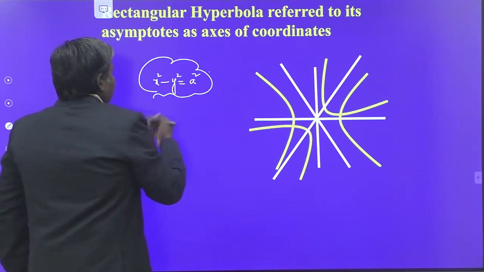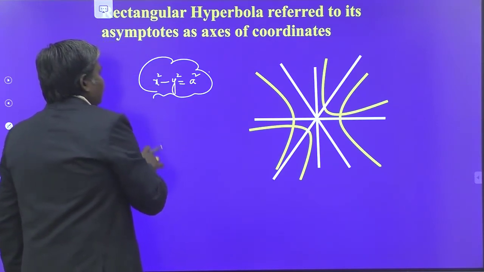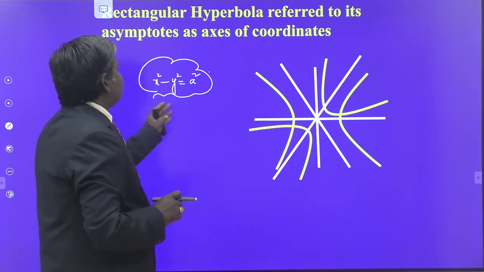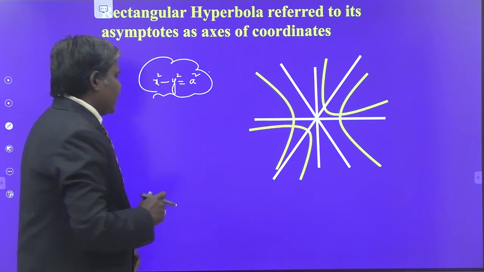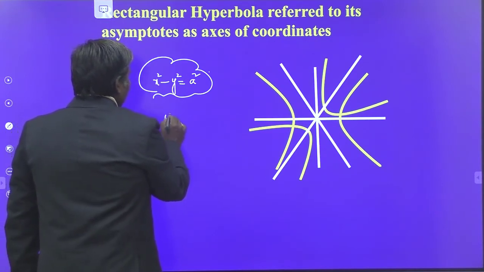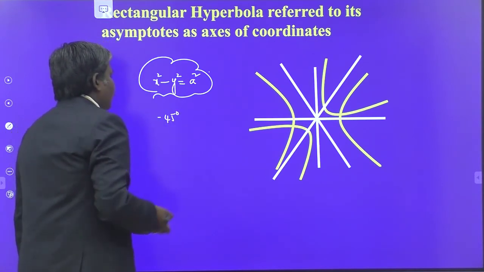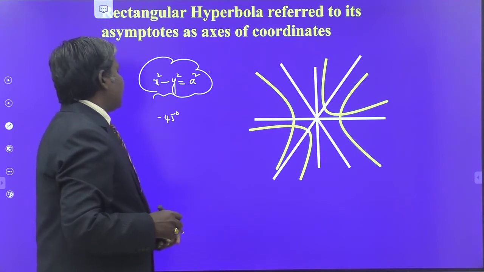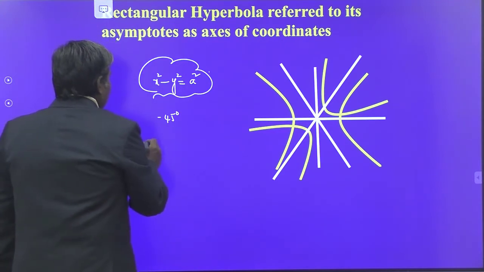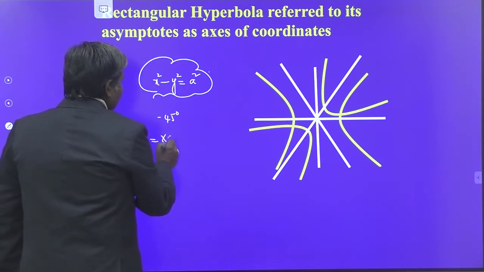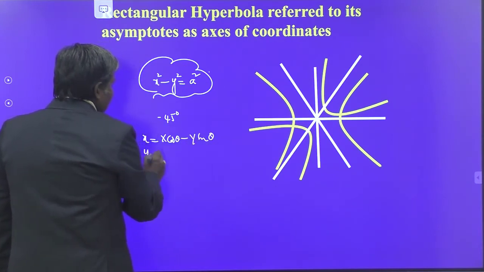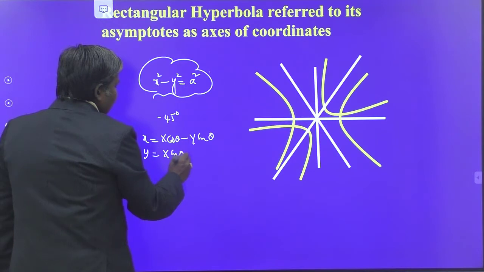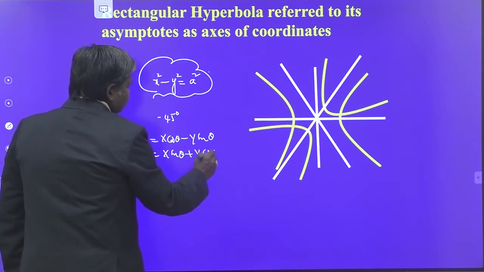Now, without shifting the origin, axes are rotated through an angle 45 degrees in the clockwise direction. Suppose if you rotate the axes minus 45 degrees, that is the clockwise direction, we have the equation x is equal to X cos theta minus Y sin theta, y is equal to X sin theta plus Y cos theta.